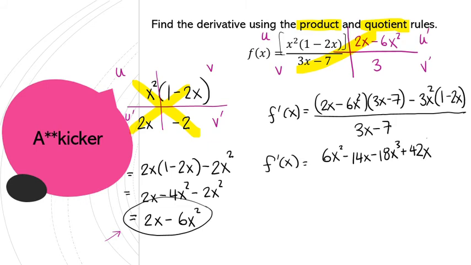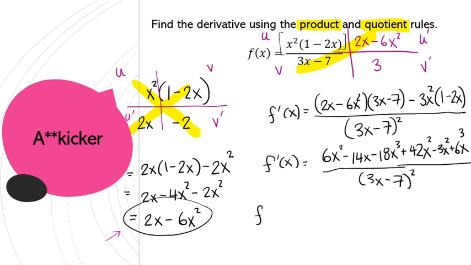If you don't know what's happening, go back to the algebra basic stuff. Minus 3x squared plus, I still ran out of room, 6x cubed. Okay. And that's going to be, I forgot to put the square on, all of that over 3x minus 7 squared.